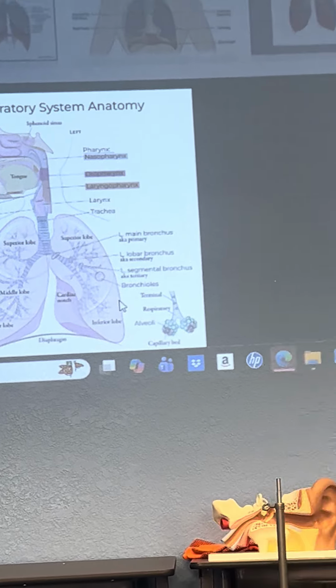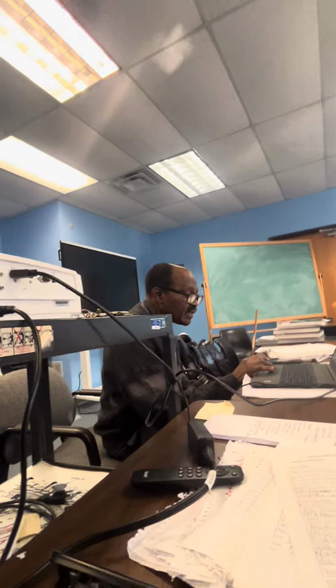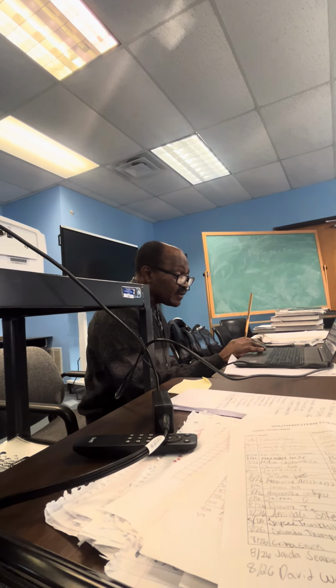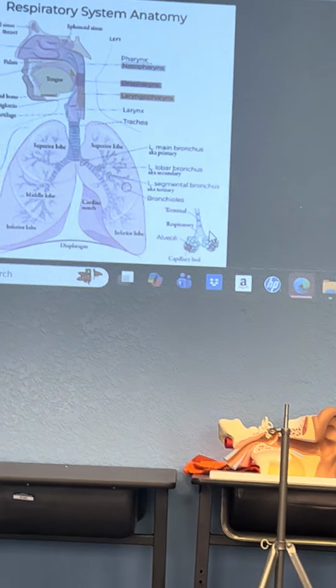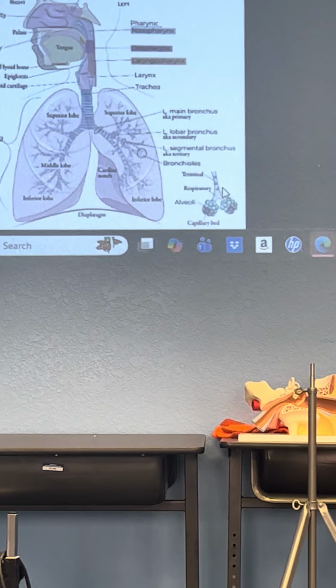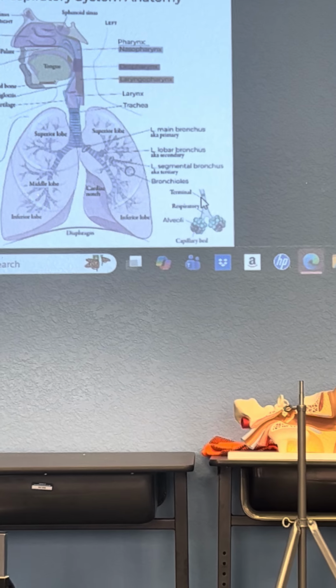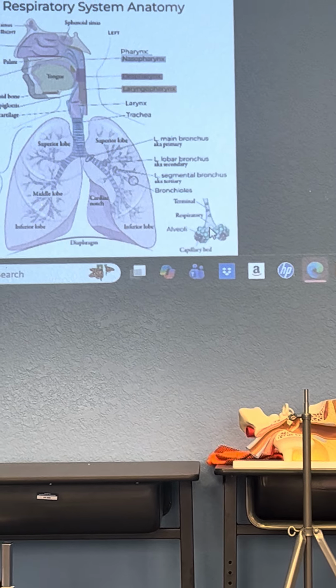Okay, so I think that is all for today. Now you can see the alveoli here. You can see a bunch of grapes, like a cluster of grapes, and those are air sacs. And you see they come at the end of the alveolar sacs.